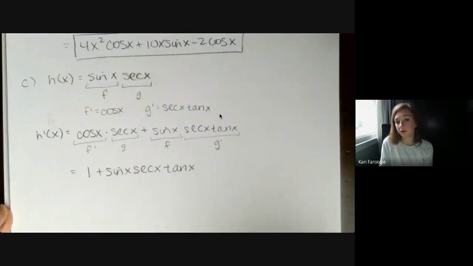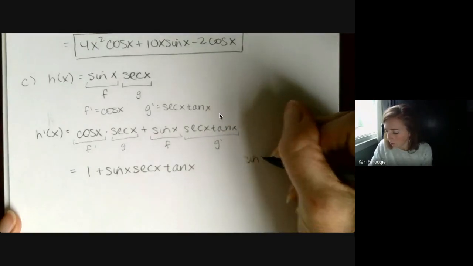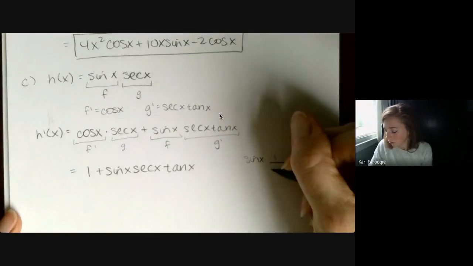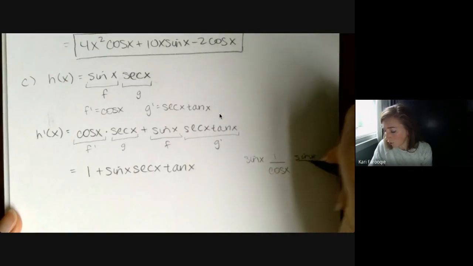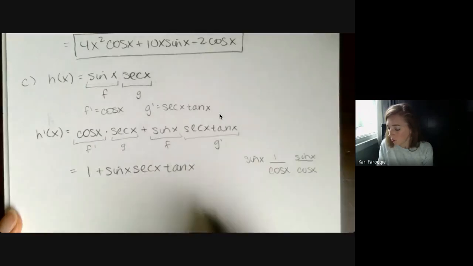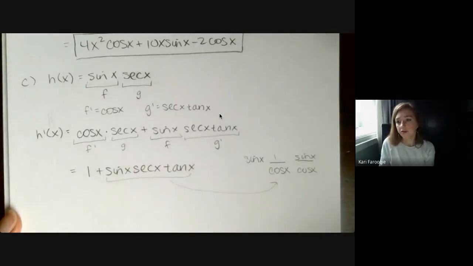You can probably leave it alone. When I'm thinking about what's happening to this function, I have sine x, the secant of x is 1 over the cosine of x, and the tangent of x is sine x over cosine x. As far as this term is concerned, there's not a whole lot you can do.